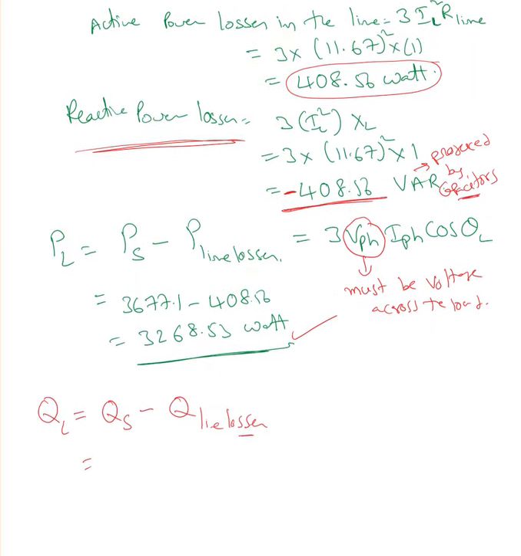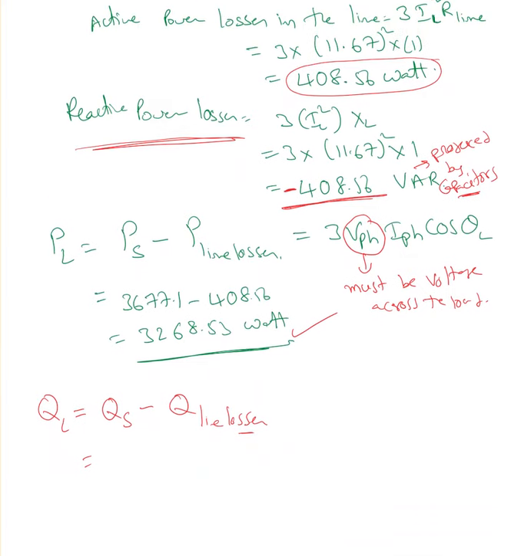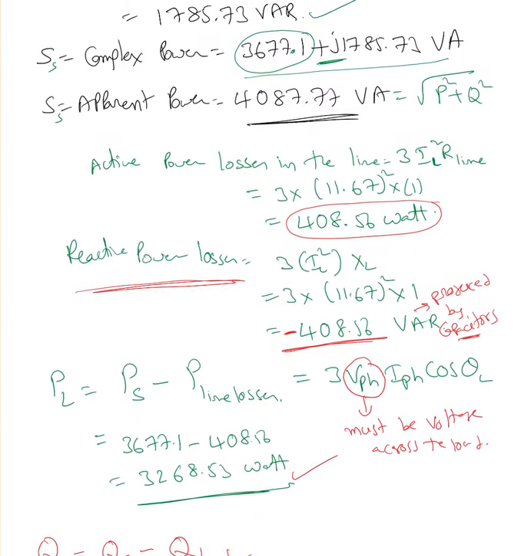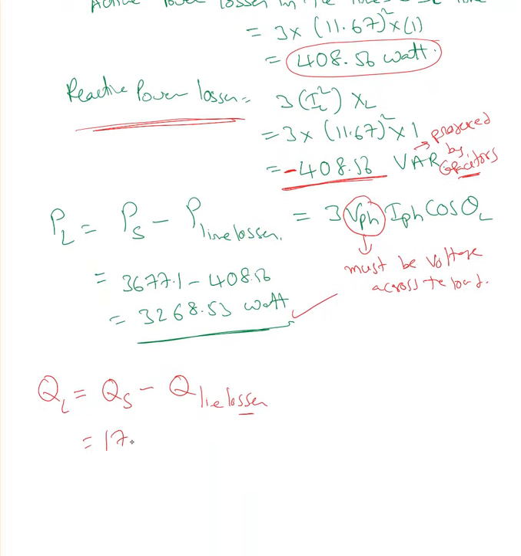So when it comes to Q, Q source is 1785.73 plus 408.56. As I mentioned, the line is not losing any Q, it is supplying Q, so that's the reason you end up with a positive.